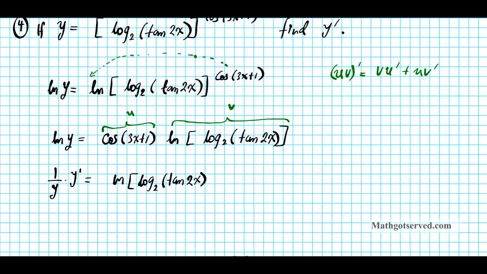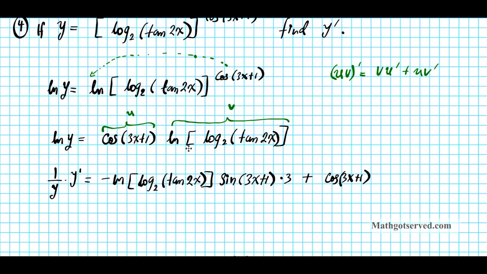And u prime is the derivative of cosine. The derivative of cosine is negative sine, so let's put the negative up front here: negative sine 3x plus 1. We're differentiating cosine of u, and if we differentiate the innermost function, this linear function, we get times 3. So this is vu prime, plus u, which is cosine 3x plus 1.